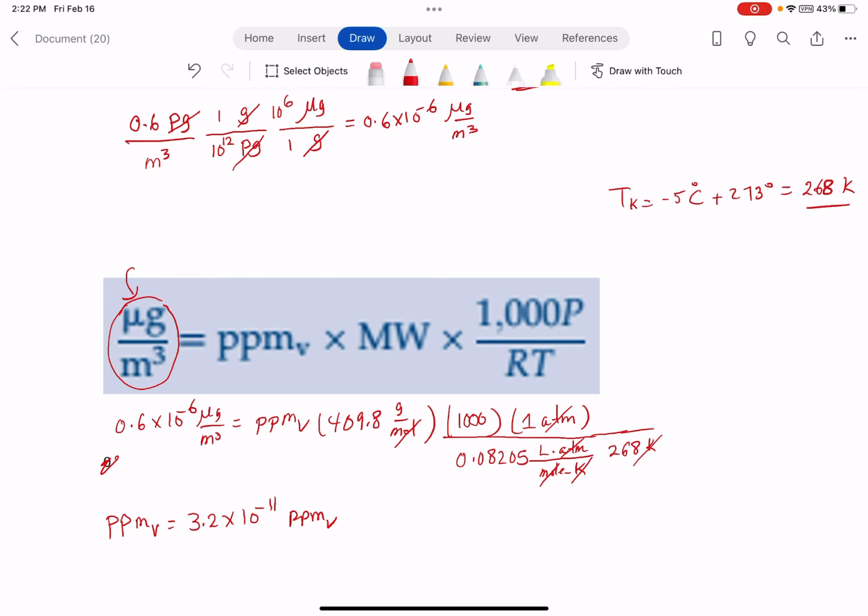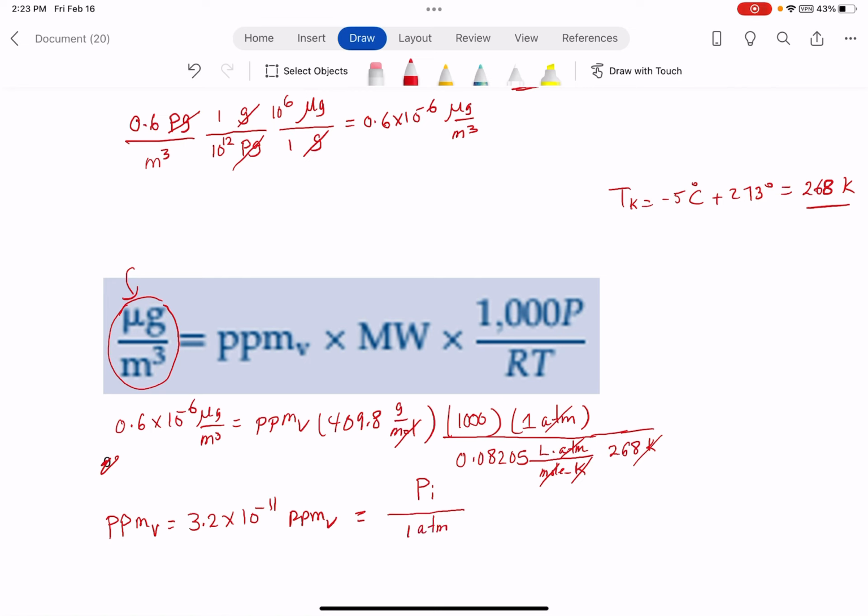Now let's find the partial pressure. Remember the partial pressure for chlordane, since we are assuming that everything is in the gas phase, you should find the partial pressure of chlordane, this is the only pollutant, over the total pressure of the whole thing within it. So it's 1 atmosphere.